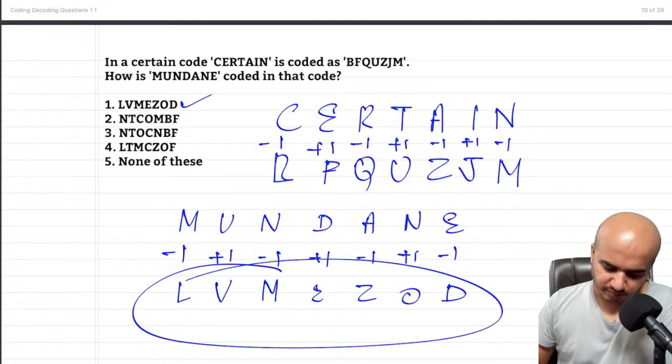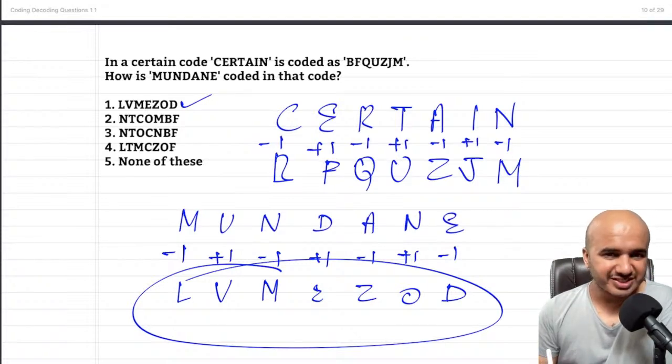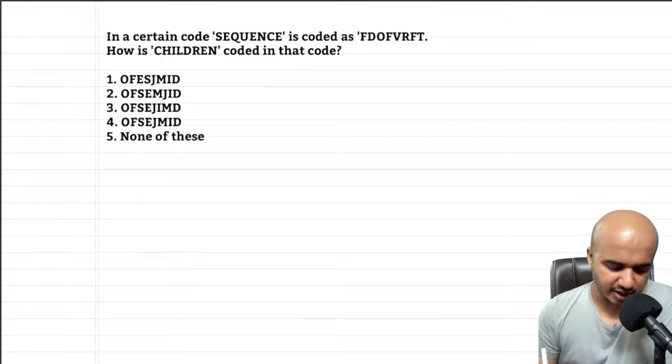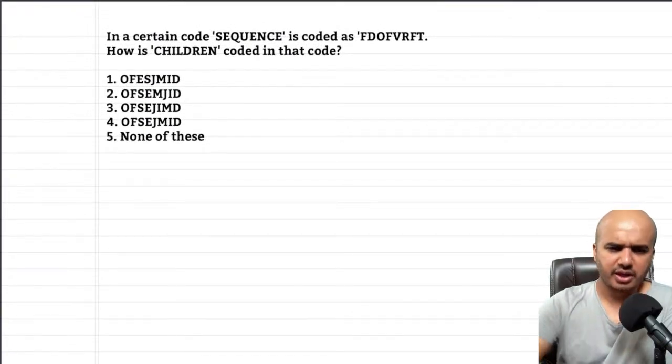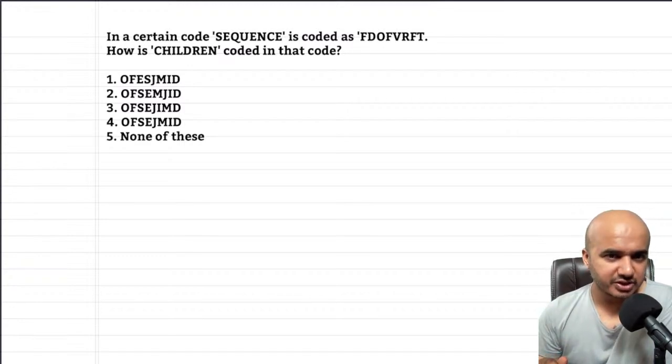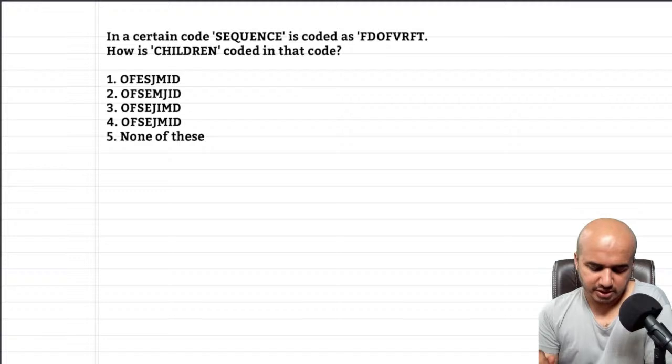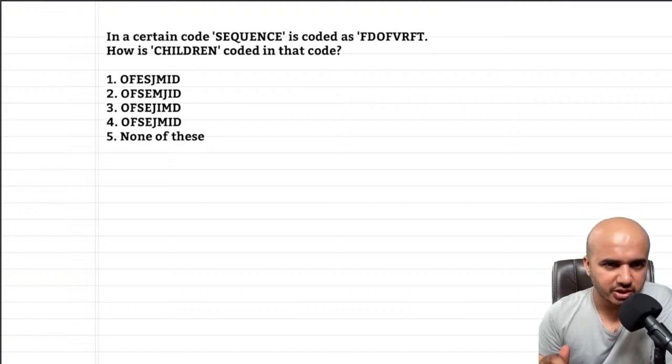Okay, let's move on. In a certain code, sequence is coded as FDO, FV, RFT. If that is the case, how do we code children? Let's see what exactly we are supposed to do here.